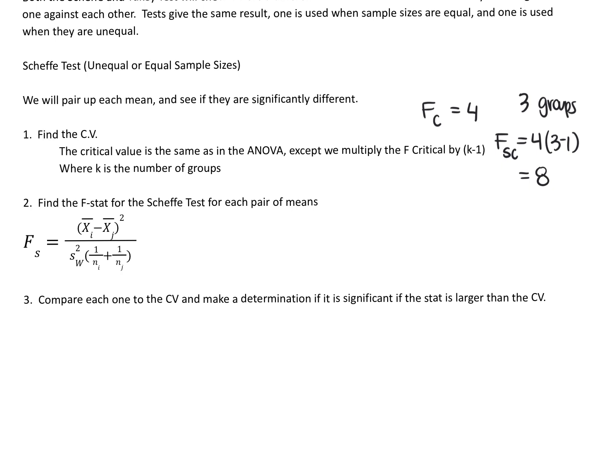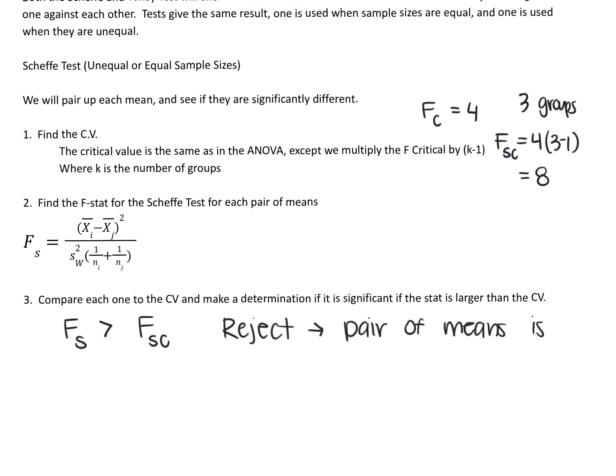Then you compare your statistic to your critical value and make a determination of whether it is significant, if the stat is larger than the critical value. So if our F stat for our Scheffé test is greater than our critical value, we reject and say that that pair of means is significantly different.